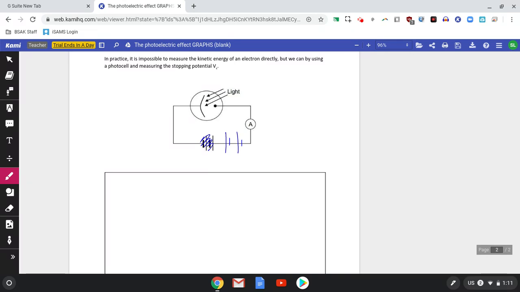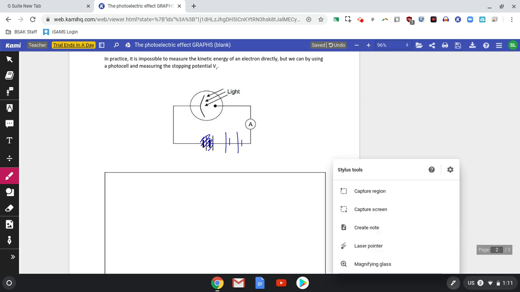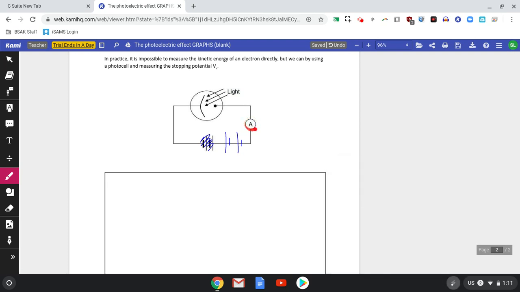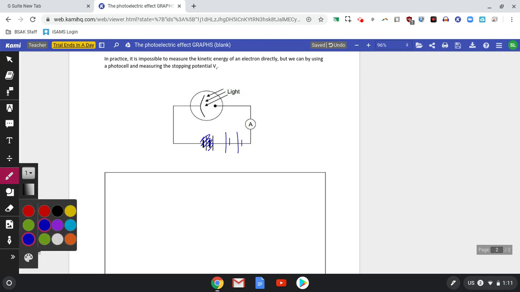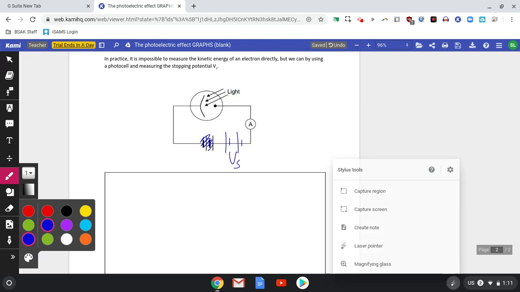And then we turn the voltage up so that the current will drop to zero, and when it just drops to zero, we've then got our battery measuring stopping potential Vs. Because remember, this is the negative terminal. That's negative, so that's going to be pushing the electrons back.